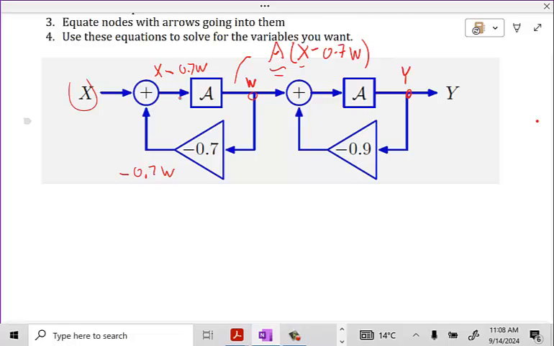But you actually do something similar in linear algebra when you have matrices and vectors. In fact, there's a close connection between A and matrices, and X and W as vectors. Right?